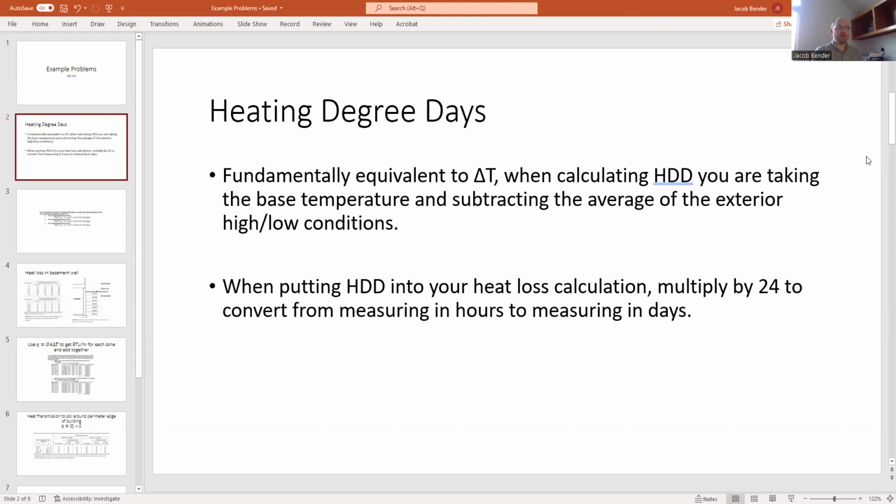When you put your HDD into your heat loss calculation, you're going to multiply by 24 in order to convert it from measuring in hours to measuring in days. If it's just asking you to calculate the HDD, all you're doing is calculating that temperature differential. If you're calculating your loss using the heating degree day method, that's when you're doing Q equals UA HDD times 24.